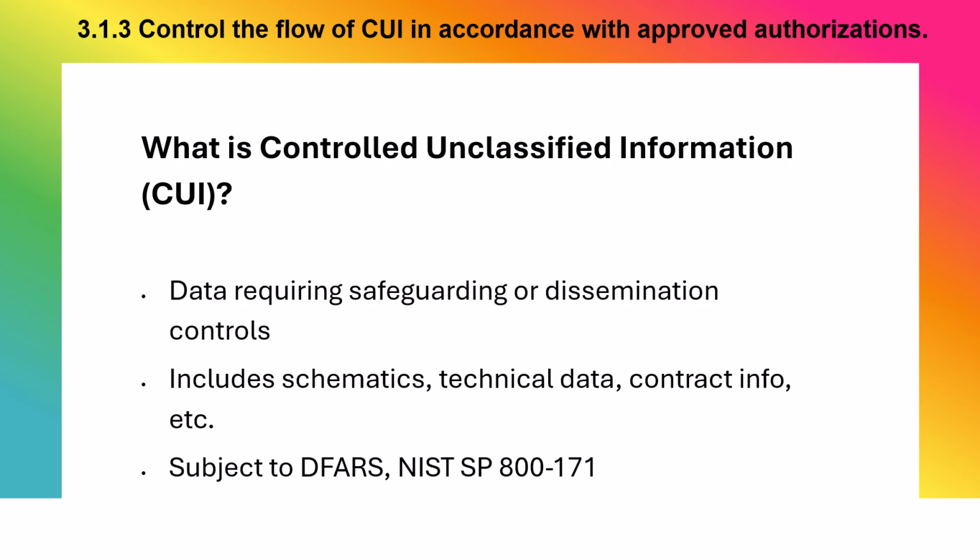CUI includes contract data, technical drawings, specifications, and more. If you receive, process, or store this information, you must follow the requirements of NIST Special Publication 800-171 and any DFARS clauses in your contract to ensure its protection.